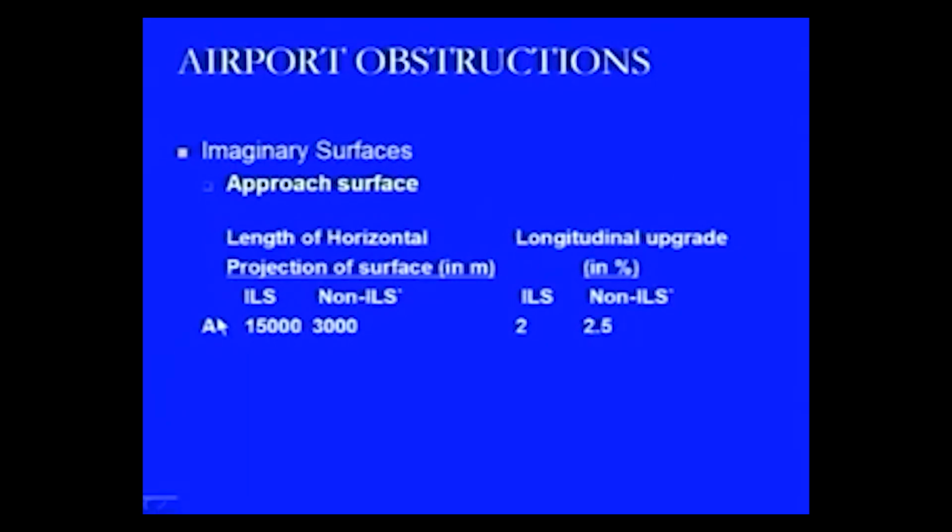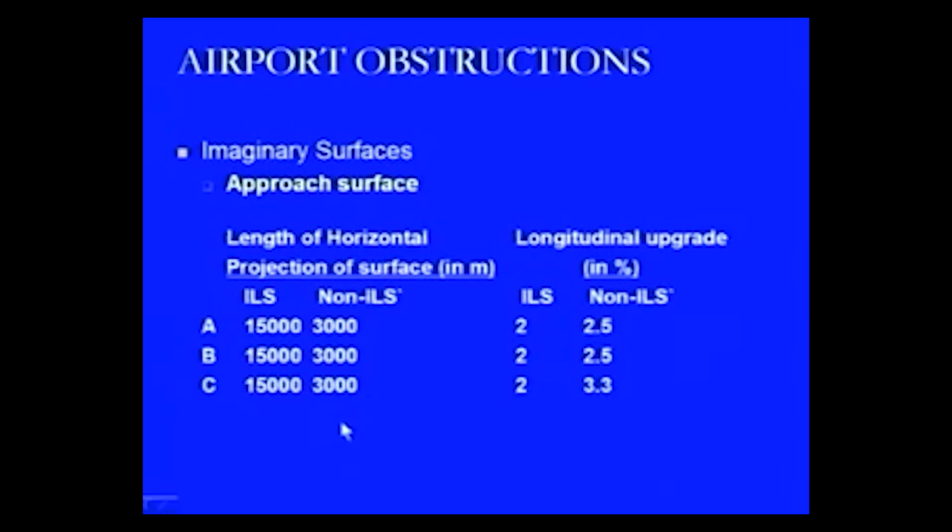It depends on the type of the airport. With respect to the category of the airport, these values are, for A it is 15,000 for ILS and 3,000 for non-ILS, whereas the upgrade is 2% or 2.5% respectively for the two cases. Then for B it remains the same value throughout.